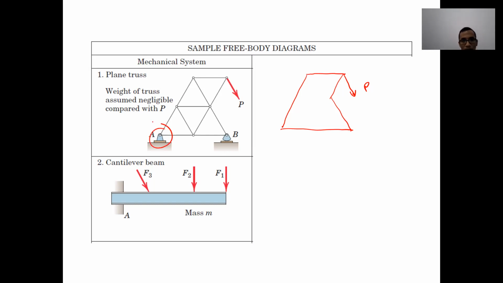No, this one is a pin, just a normal pin. So there's AY and AX. How about B? Is B a roller pin? Yeah, it's a roller pin. So there is BY, yes. Okay, thank you, Aurelia.